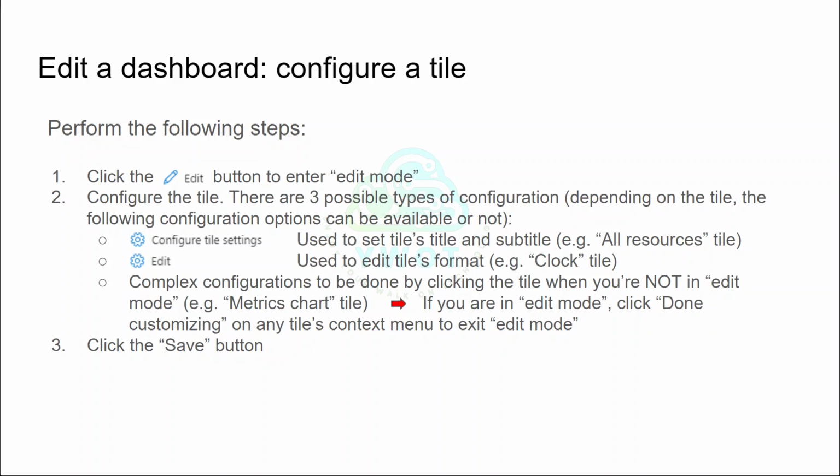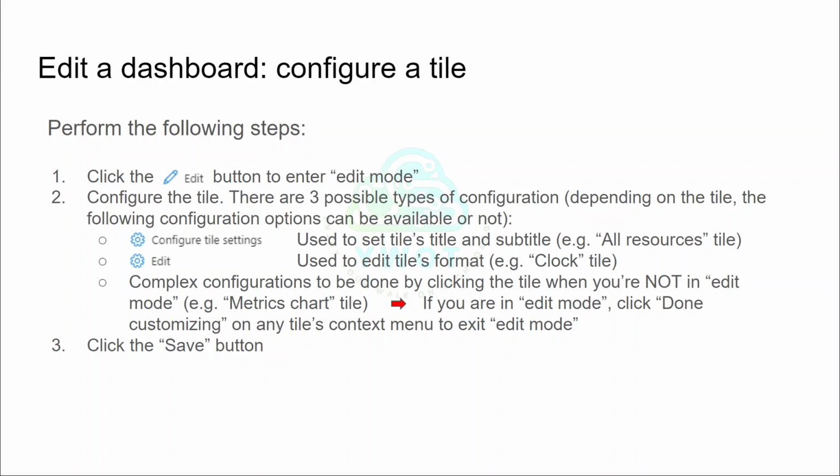To configure a tile, you need to enter edit mode by clicking the Edit button. Well, not all the tiles are configurable, but if a tile is configurable, it can provide you with one of these three possible types of configuration. The first one is the simplest one. In this case, if the tile supports this type of configuration, you can find this Configure tile settings menu in the tile's context menu.